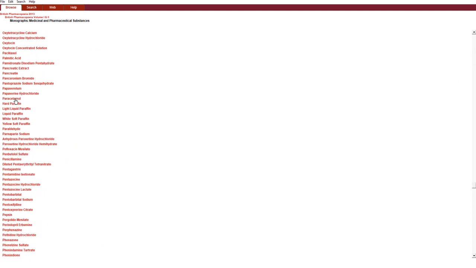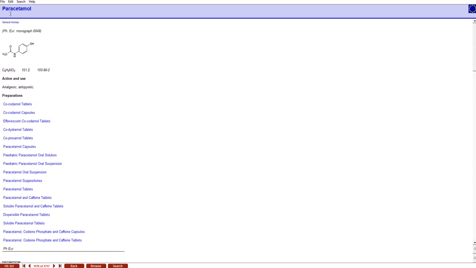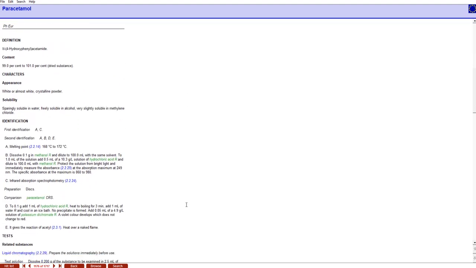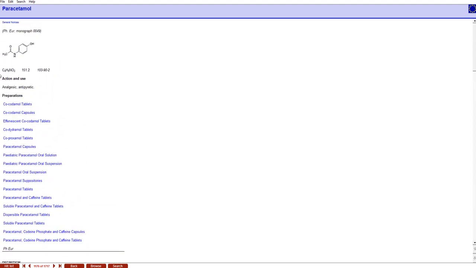This is paracetamol. Okay, what you see here is regarding the raw material. This is all raw material, okay, raw material and not the tablet. But here it tells you the pharmacopoeial preparations.